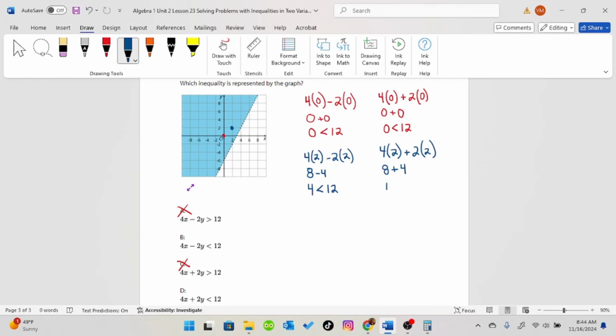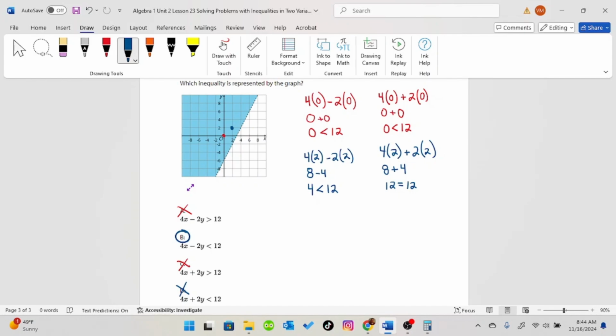And 8 plus 4 is 12. 12 equals 12. So that could not make D correct, because D says it should be less than 12. That eliminates choice D, meaning B is the correct inequality represented by this graph.